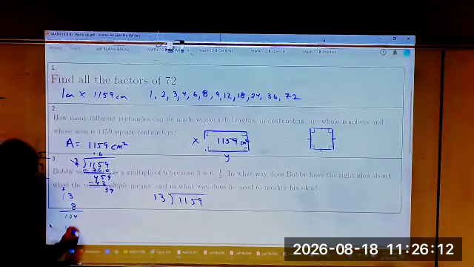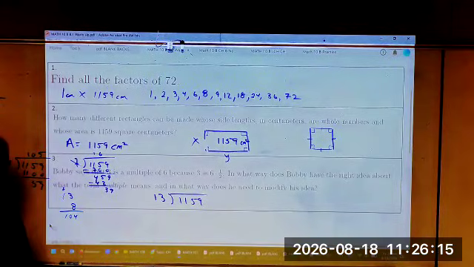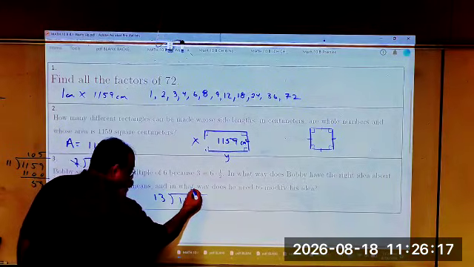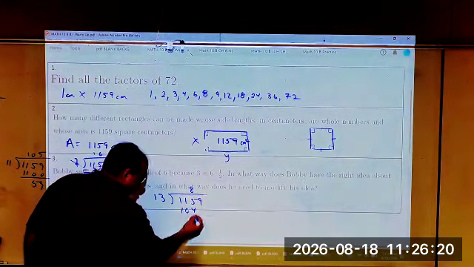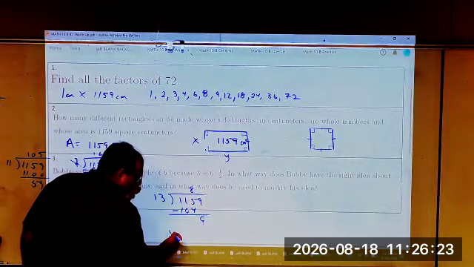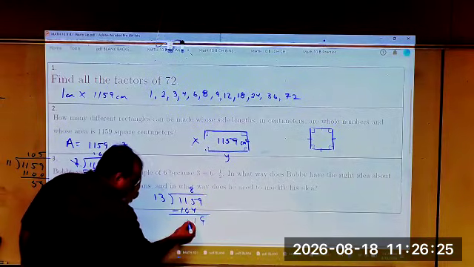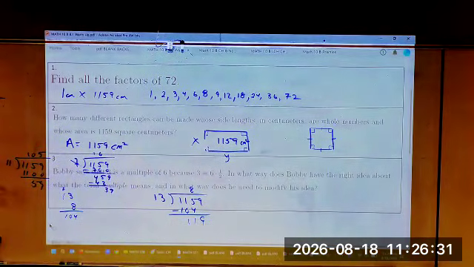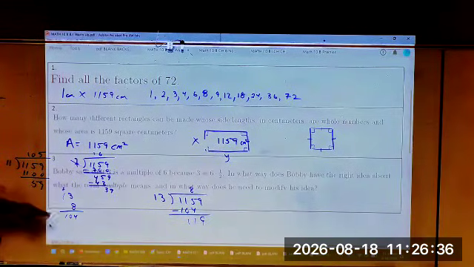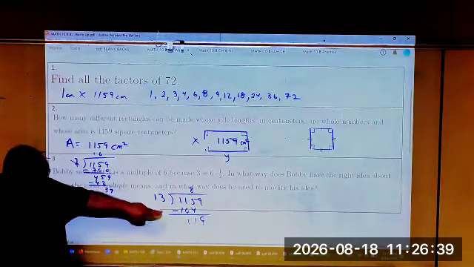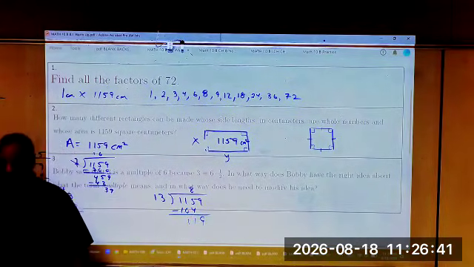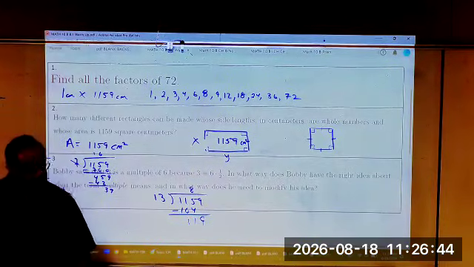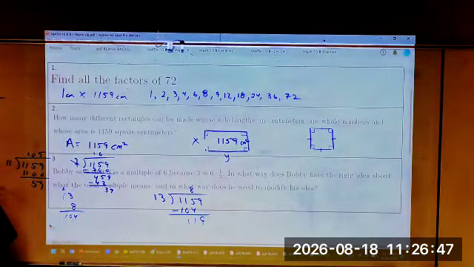Then I get a 11 and bring down the 9, 119. Well, if I use 9 times 13, I would add another 13 to this. I get 117. It's not going to work. So 13 doesn't work.